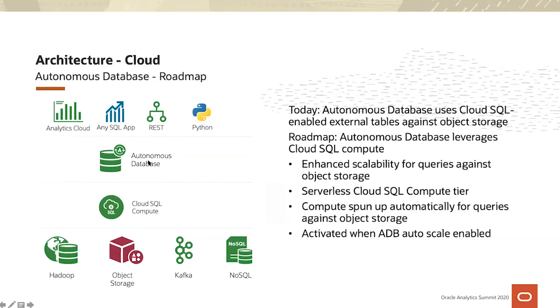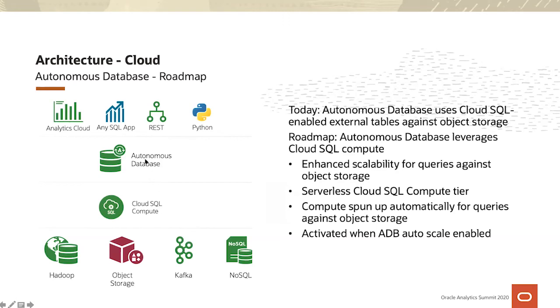So today when Autonomous Database is accessing object storage, it's using the database component of Cloud SQL. What's coming with Autonomous Database is to also leverage that Cloud SQL compute tier. What's different, and what you'll notice is there's no Hadoop necessarily in this tier, right? So this is a serverless Cloud SQL compute tier that Autonomous will use.